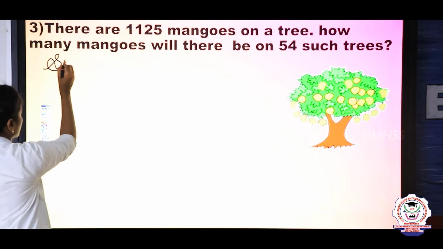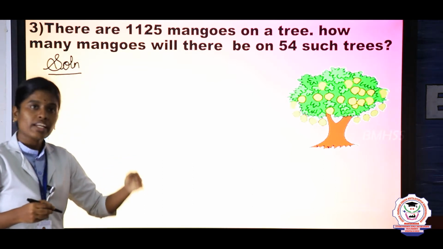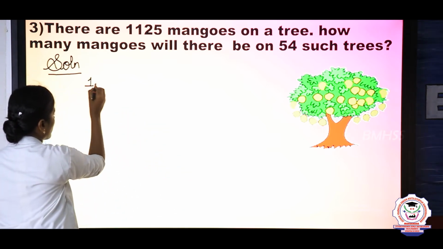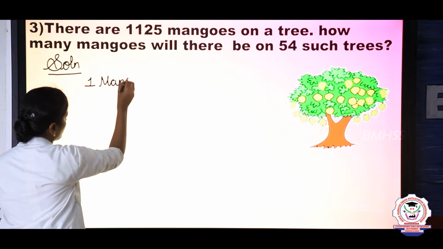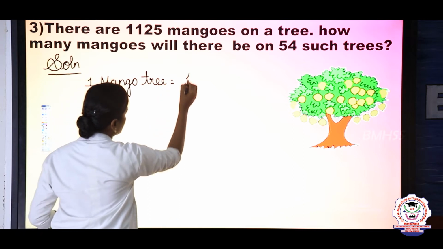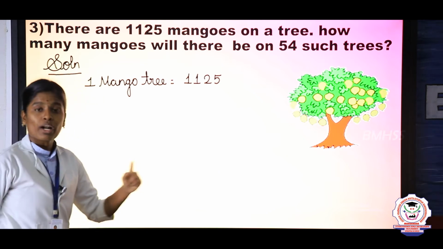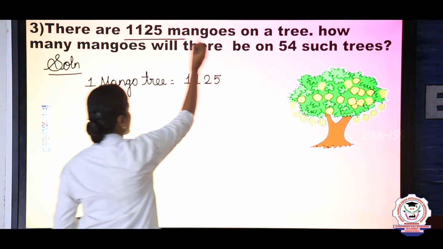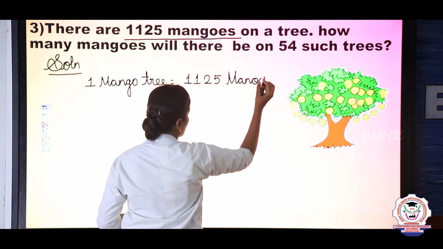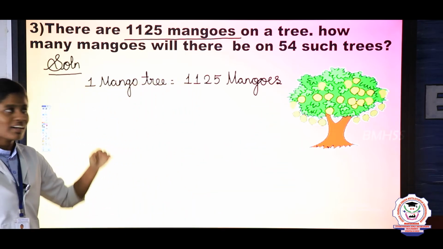Solution. The first step is, there are 1125 mangoes on a tree. So one mango tree equals 1125 mangoes.